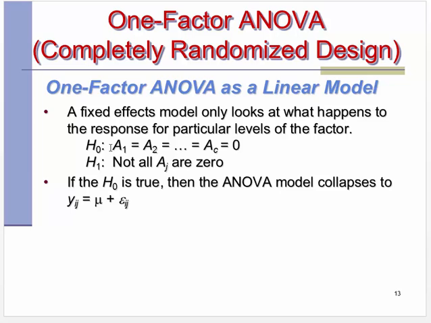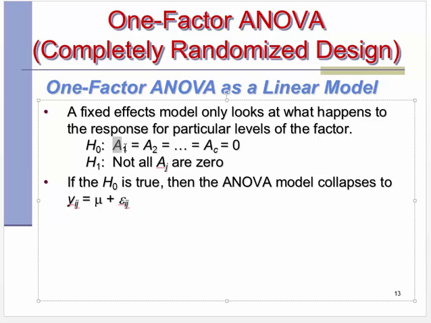That is, we're testing to see if A1, that's the response from the first factor, equals A2, A3, A4, all the way, or if they all equal 0. That means there's no effect from those factors, which is the assumed normal state. H1, the alternative hypothesis, is that not all Aj are 0. If one of them is not 0, then it's going to have an impact on the mean of the dependent variable.